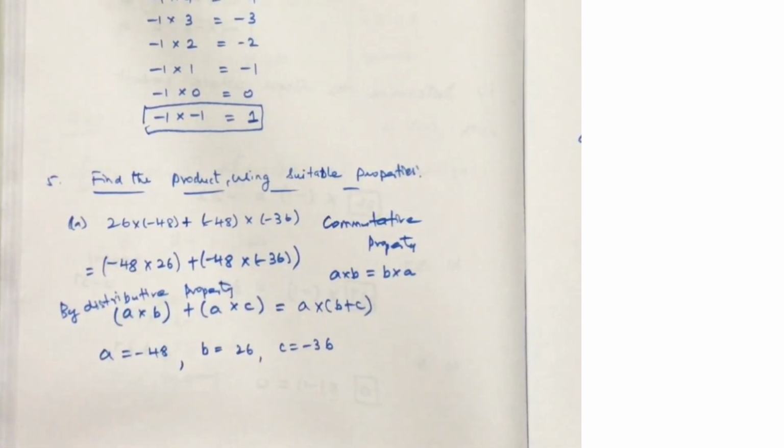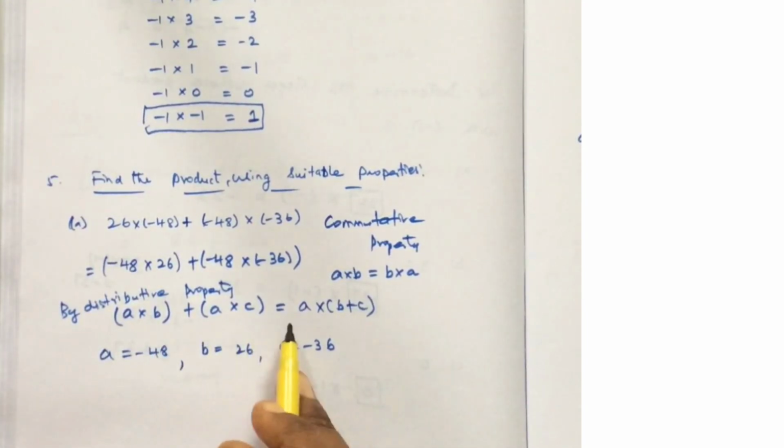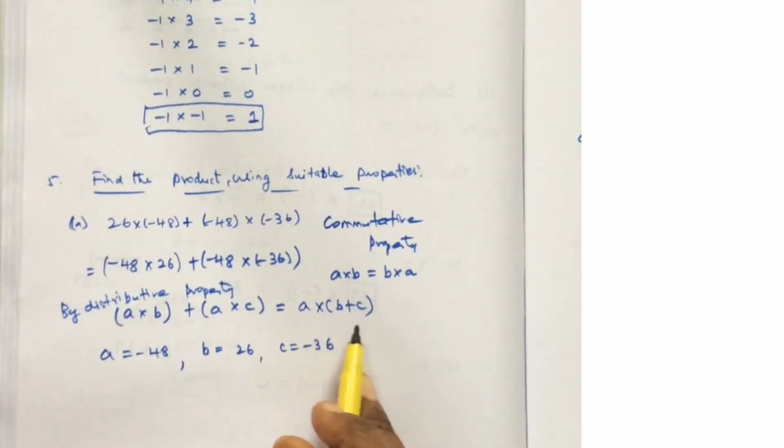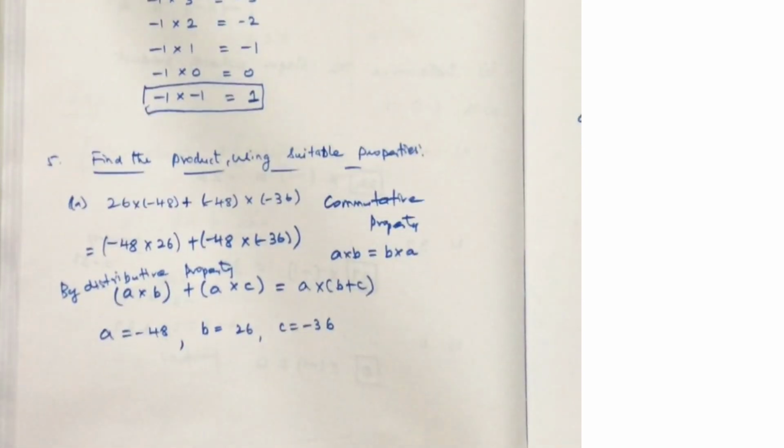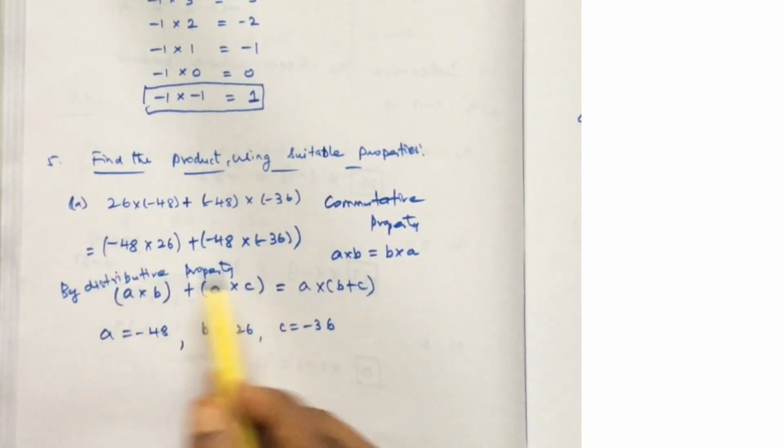Okay, by distributive property, A multiplied by B plus A multiplied by C is equal to A multiplied by B plus C.